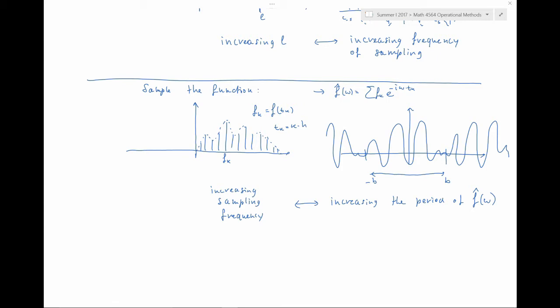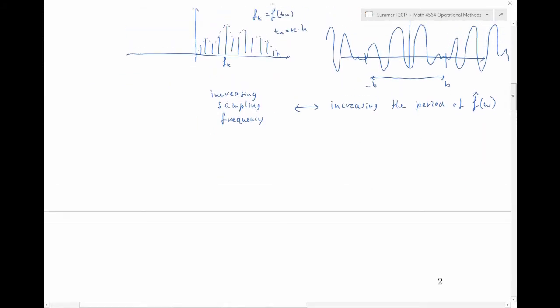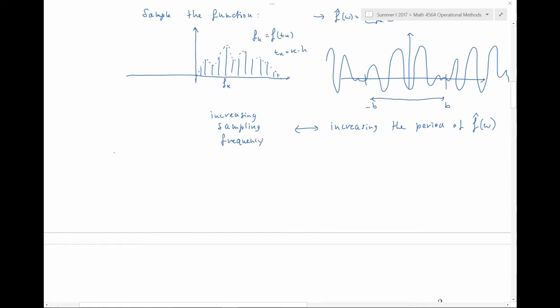What if we try to sample both the function and the spectrum? By the way, we can never have infinitely many samples, so at this point I'm going to specifically assume that the sampling is finite in both time domain and the frequency domain.